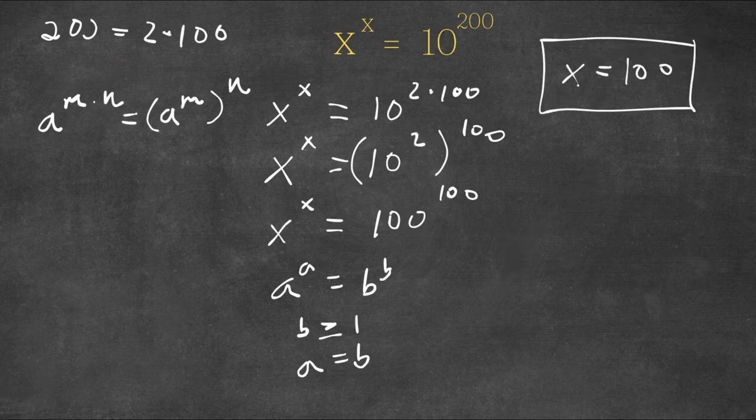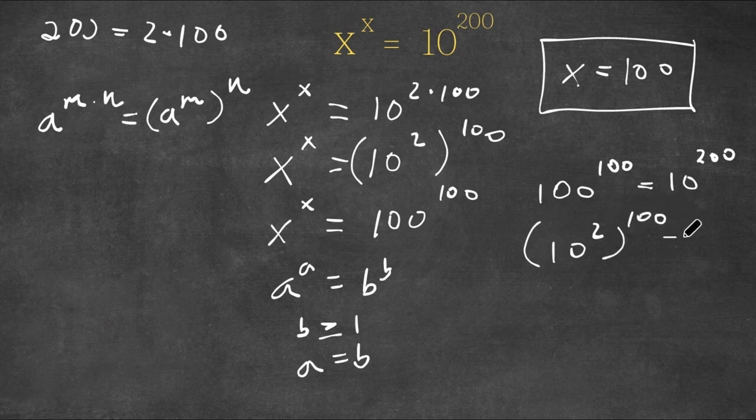Now, I'm going to go ahead and plug this in and see if it's right. So we have 100 to the power of 100 is equal to 10 to the power of 200. Now, this is the same thing as 10 squared, right? So now I have 10 squared to the power of 100 is equal to 10 to the power of 200.